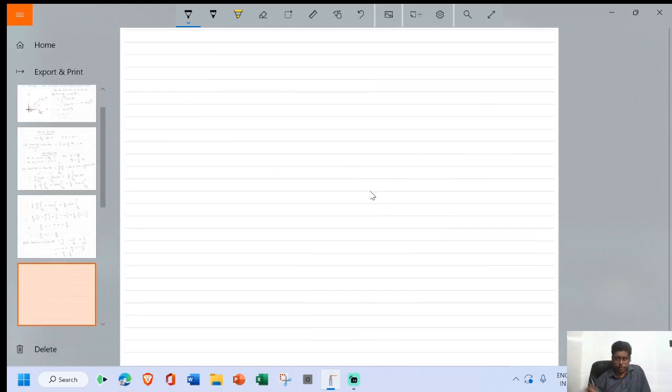For that, write down the given. Given is m into dx plus n into dy, which is equal to the integral of y minus sin x into dx plus cos x into dy.